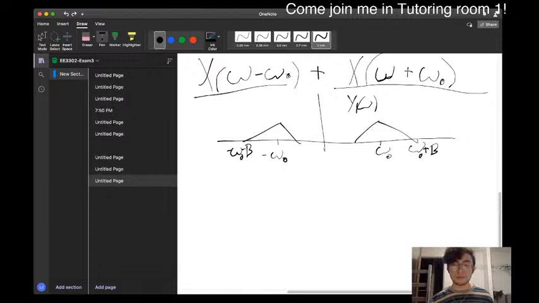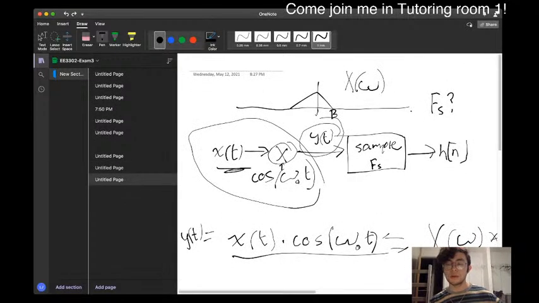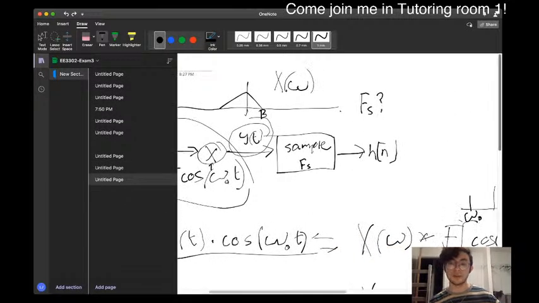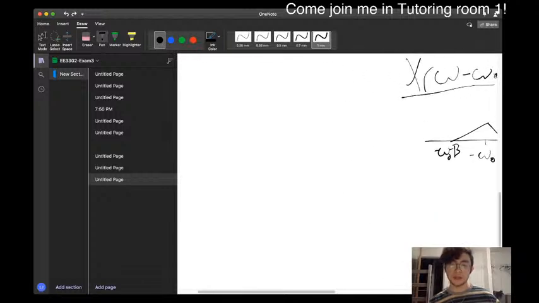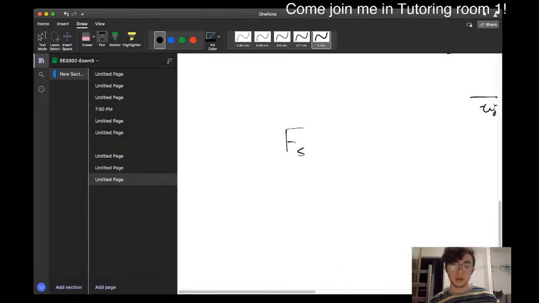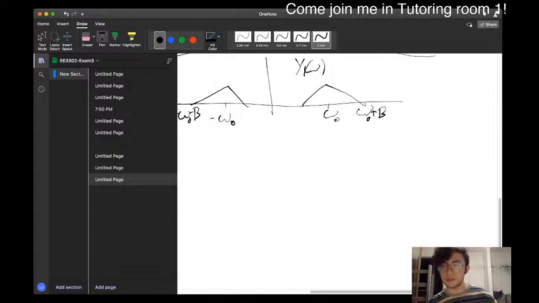So, what do we do now? If we remember the Nyquist criterion, we need Fs, remember, we're trying to find Fs. So we need Fs greater than or equal to 2 times Fmax, so the maximum frequency. So Fmax is actually here.